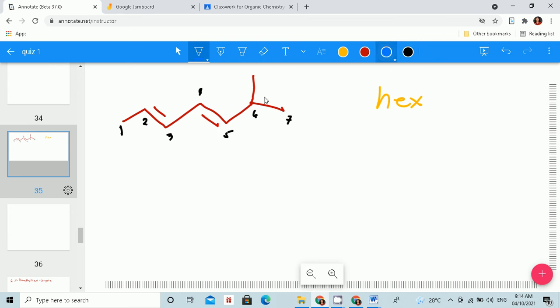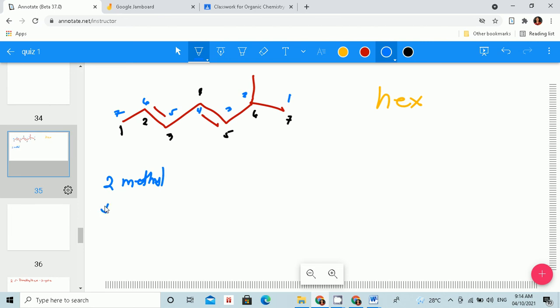Or what if we count from here? 1, 2, 3, 4, 5, 6, 7. So let's add that. For that, it will be 2-methyl.